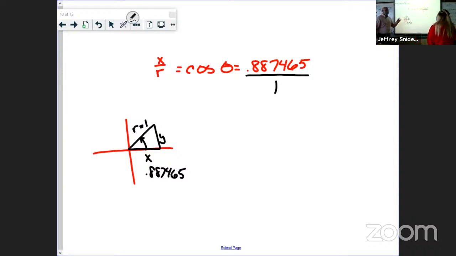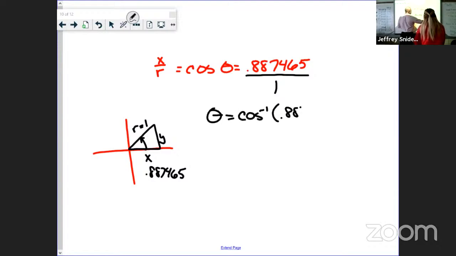You do the inverse cosine. You don't invert it, you do the inverse of cosine. You go the opposite direction to find the angle. So theta equals the inverse cosine of 0.887465, and if you do that, you get 0.479.